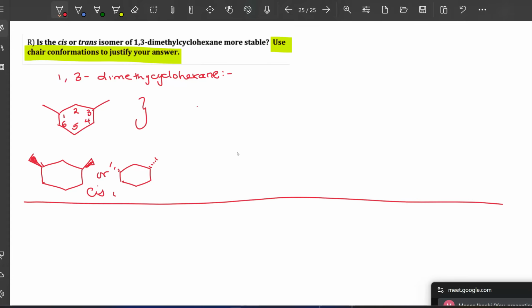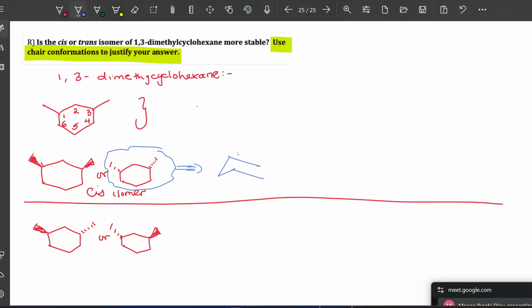This is a cis isomer. The other option is methyl group up, down, or you can use the second one, methyl group down, up. Once you have them like that, let me use this guy.